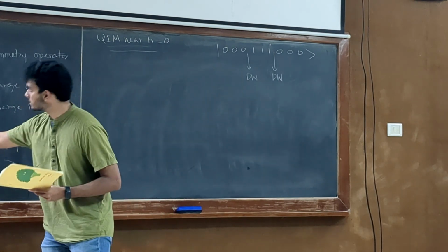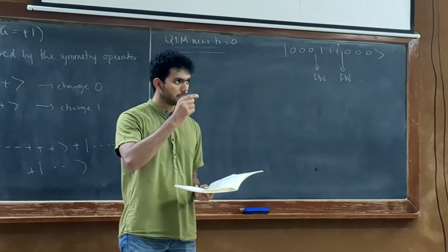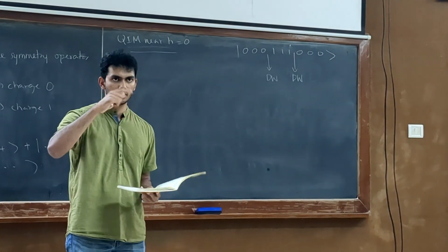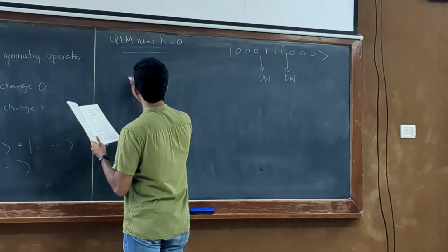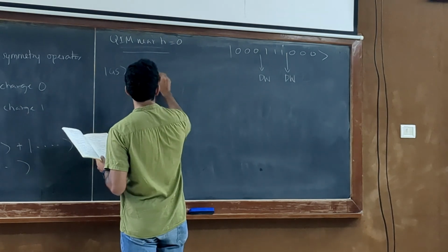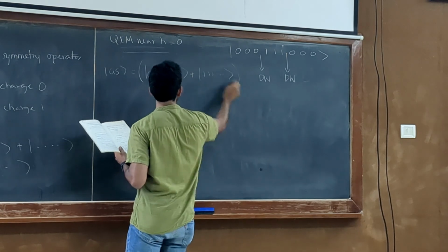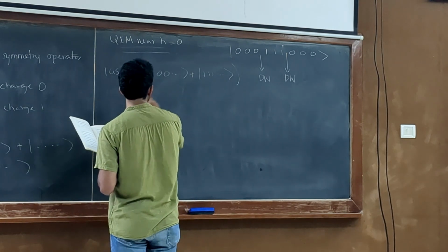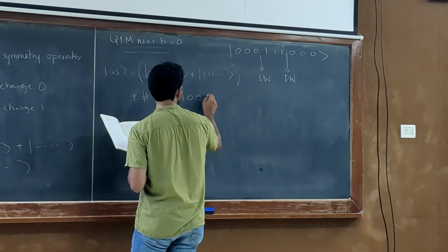We know that the exact ground state is all zeros plus all 1. But similar to this, when you add a small h, the x term tries to flip a single spin in the z basis, right? So the new ground state will look like this plus some small coefficient times one spin flip.